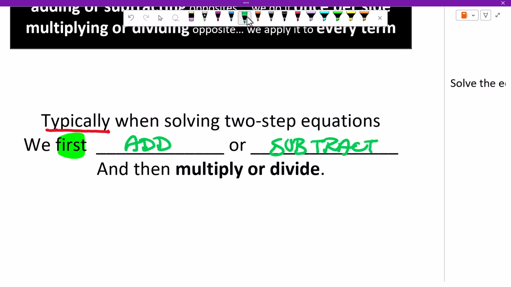So then the second step is going to be to multiply or divide. Okay? Keyword: typically. Right? So in grade 8, they sort of made it seem like on purpose this is the way you always do it. It doesn't have to be.